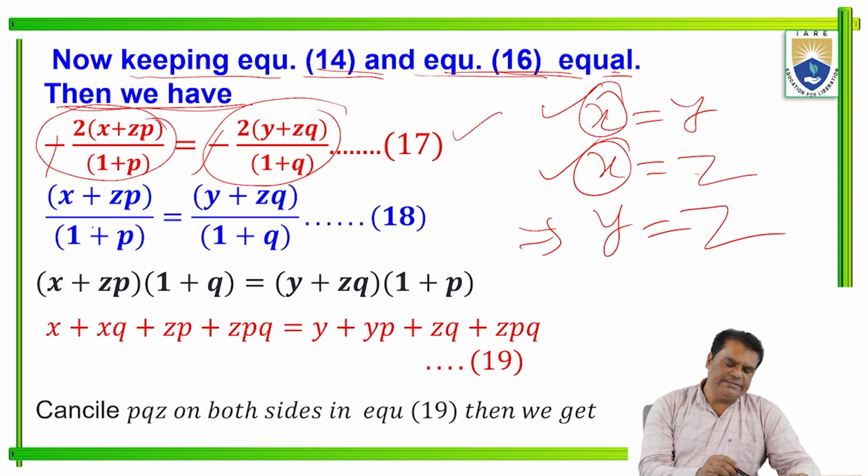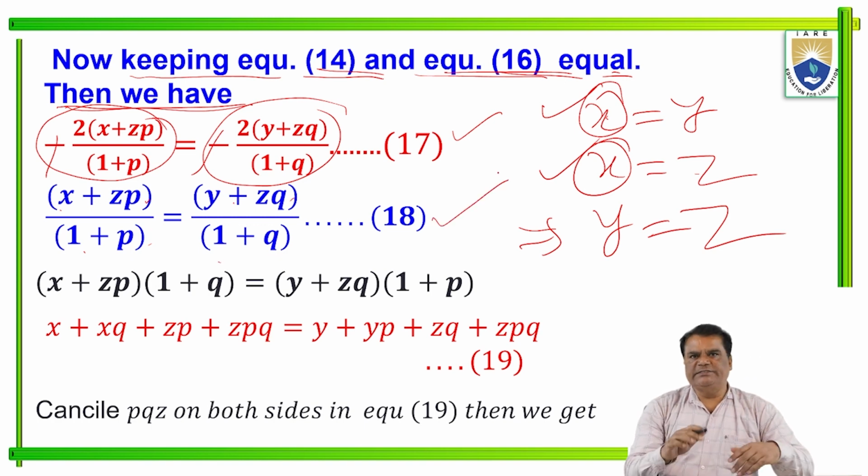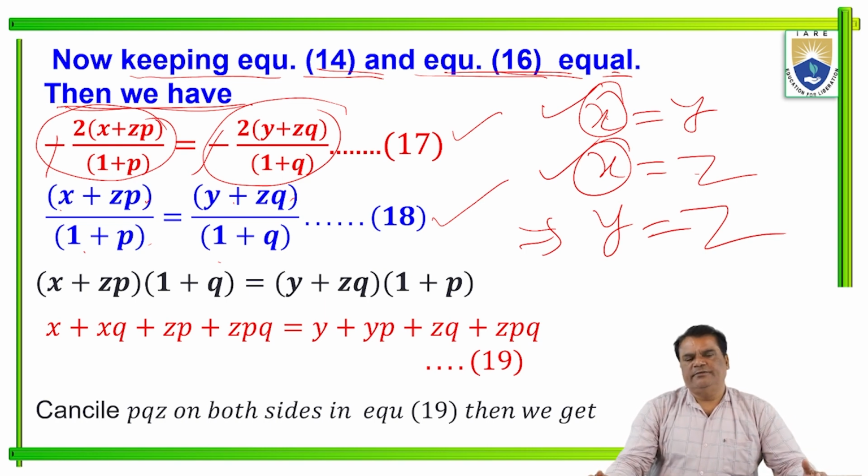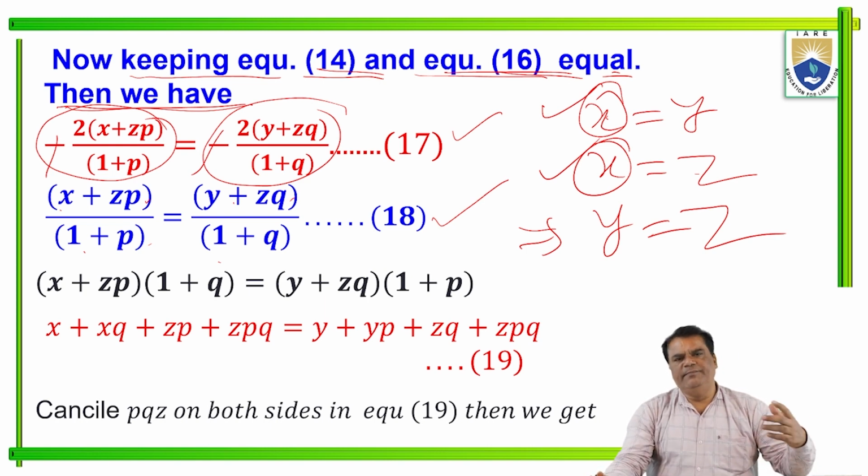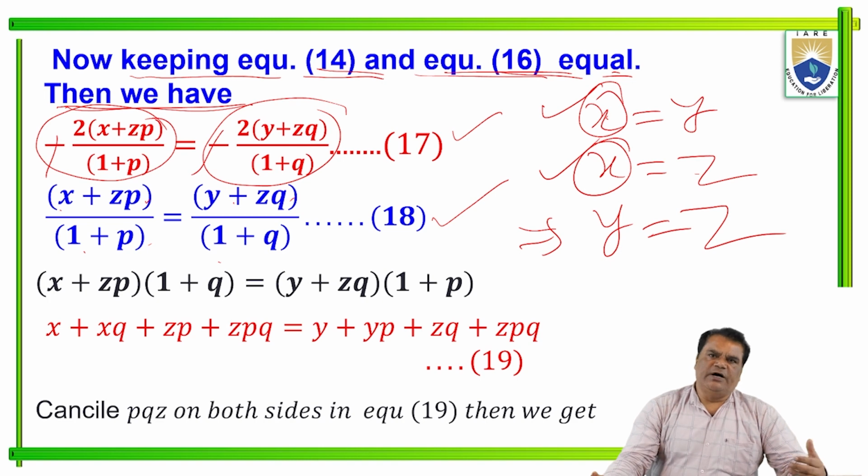After cancelling the minus sign, we get (x plus zp) upon (1 plus p) equals (y plus zq) upon (1 plus q). This is equation 18. Here the function is eliminated. In this method, we have eliminated the given function which is given in our question, and the equation is converted into a partial differential equation. This is the method of eliminating the given function.